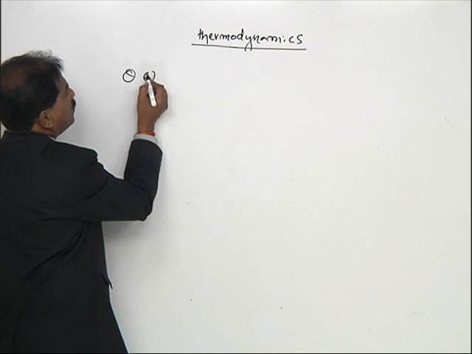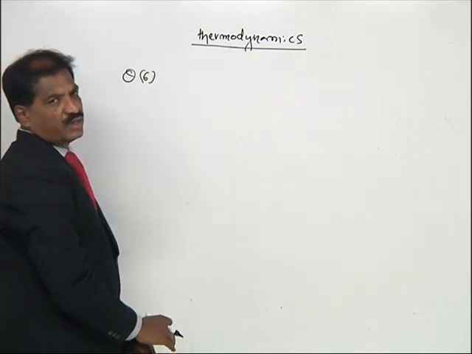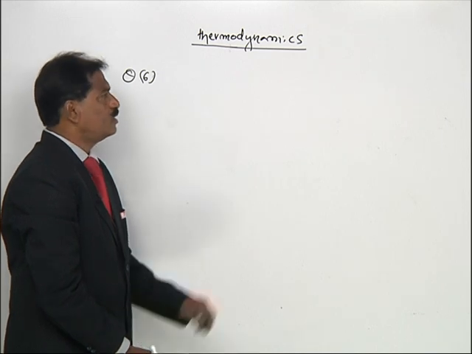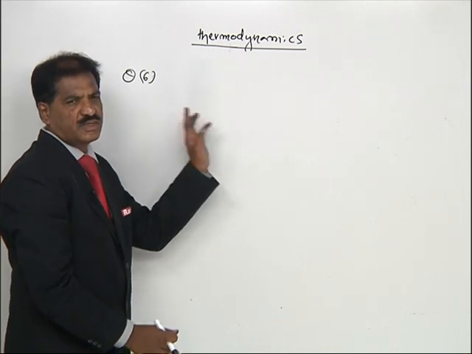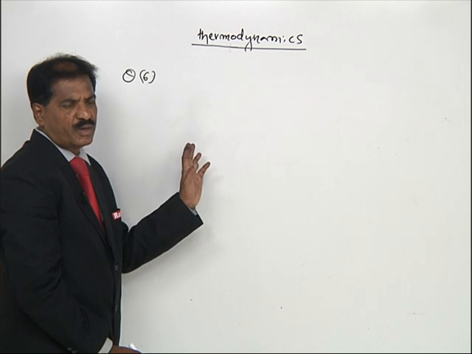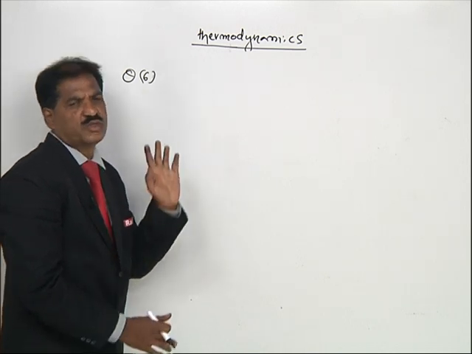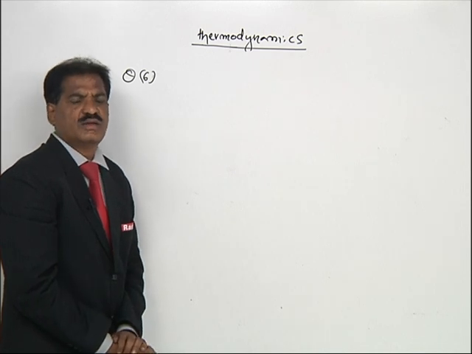Next, question number 6. So in the given problem, if the heat of neutralization of strong acid and strong base is given, and in the same problem the heat of neutralization of either a weak acid or weak base is also given, first compare the numerical values.